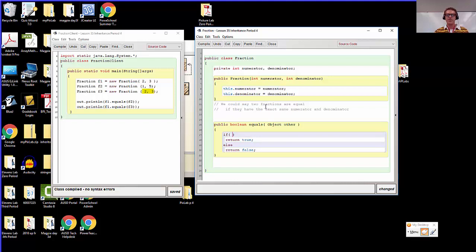So all we do is say if numerator equals other dot numerator. Now this is wrong, I'm making a common mistake here. If numerator equals other numerator, and as the direction said, and denominator equals other dot denominator. Now we're almost good there, but we have a mistake.